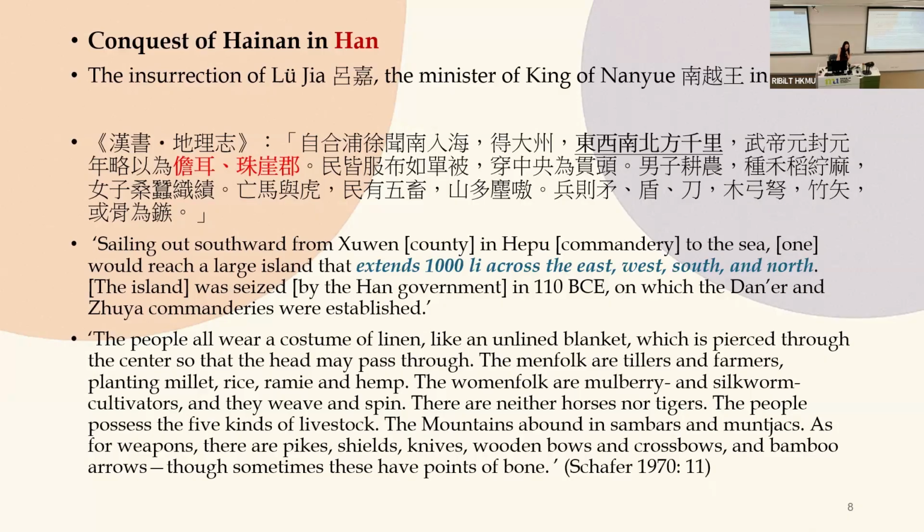And the brief description of the indigenous people, with specific focus on their economic and production activities, local resources, and weaponry, reflects the fact that Hainan at the time was probably considered an outpost for the acquisition and trading of valuable resources.